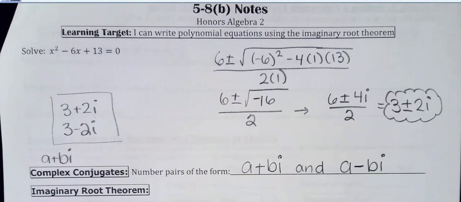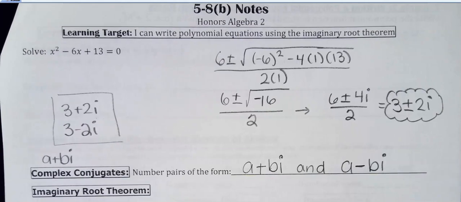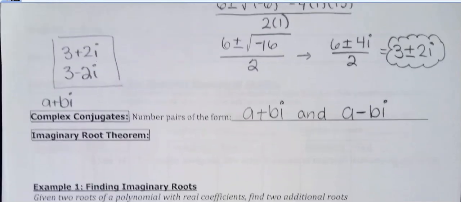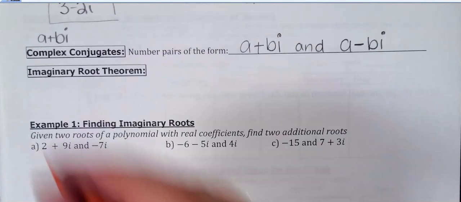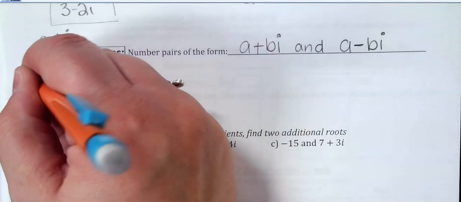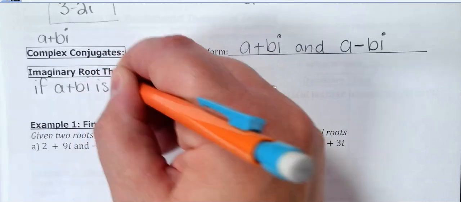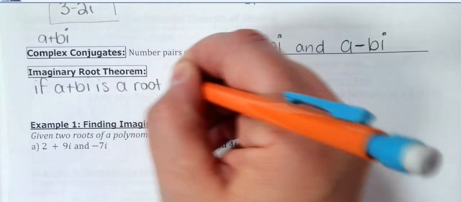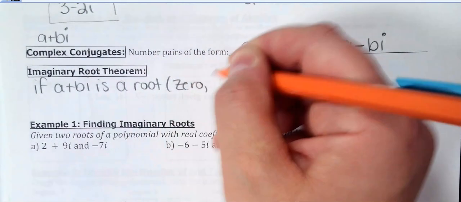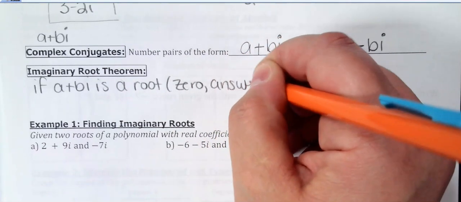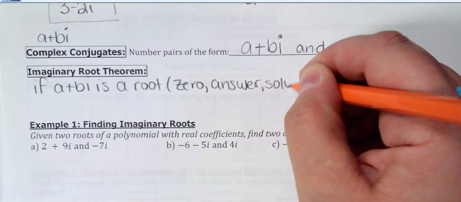So if one is an answer, automatically its conjugate is an answer. You can see we got that quadratic formula. We're going to break it down, get that plus and minus. So these are going to come in pairs just like they did when we were working with the irrational roots. So the imaginary root theorem, super similar to yesterday, is going to say if a plus bi is a root, or maybe they say zero or answer or solution, any of those terms would work.